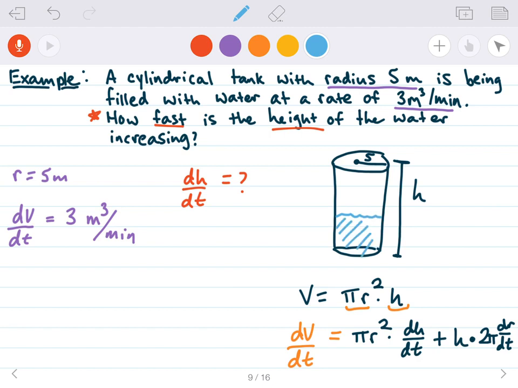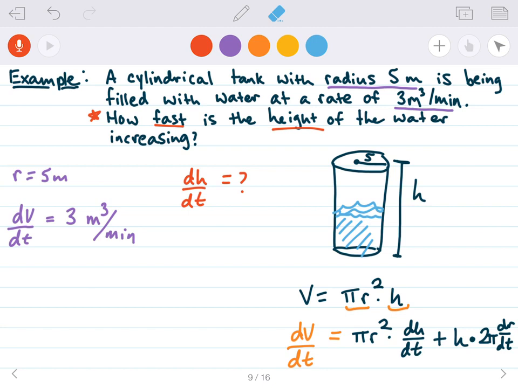And the key thing to notice is that the radius is not changing with respect to time. The height is, right? Because as we fill in more and more water, the water level is going to rise. So the height is definitely changing with respect to time. But the radius is definitely not changing. The radius is going to stay the same because we have a uniform shape.